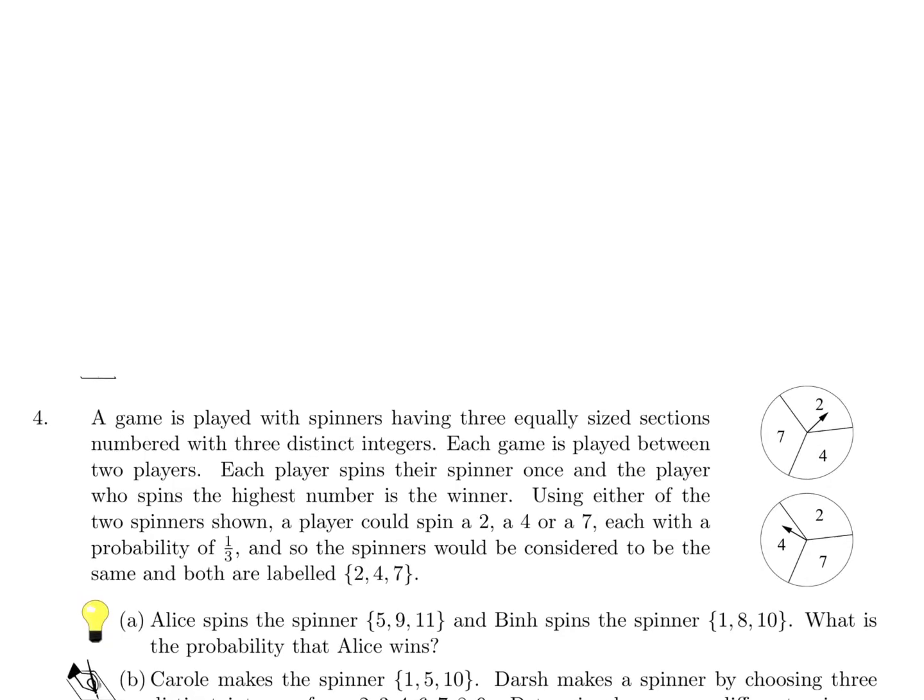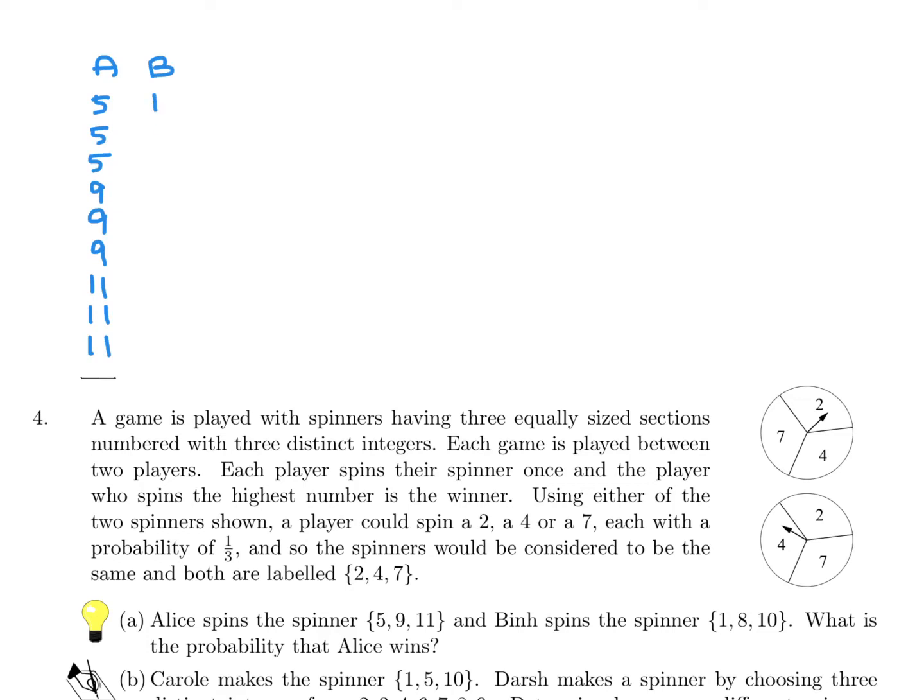So we have Alice and Ben. Alice has 5, 9, and 11. This is the way of setting this up. And Ben is 1, 8, 10.